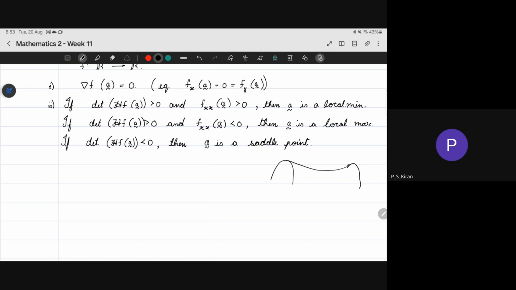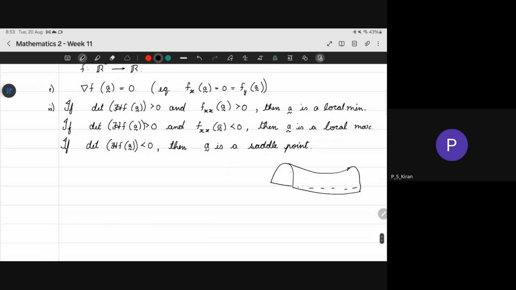So along this direction, it will be a minimum, but in this direction, it will be a maximum, right? So this is the saddle point.